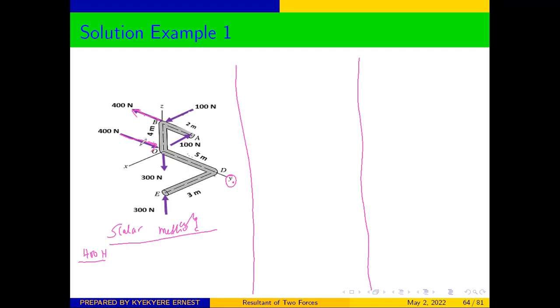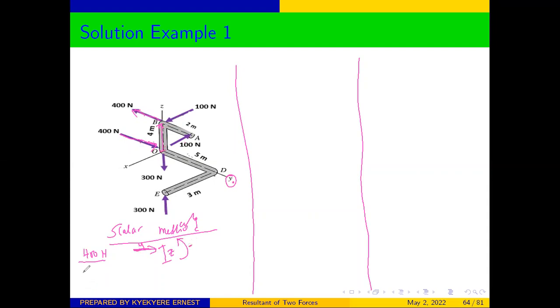So these two forces are in the y-axis, and the perpendicular distance between the two is in the z-axis, as you can see. So our force is in the y, and our perpendicular distance is in the z. If this is y and this is z, then our rotation will take place in the x direction, in the x-axis.